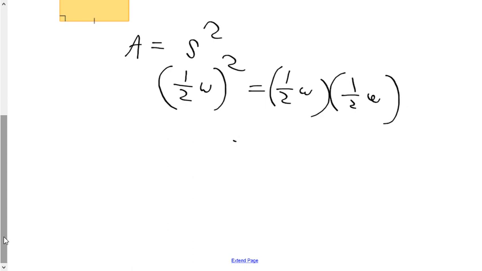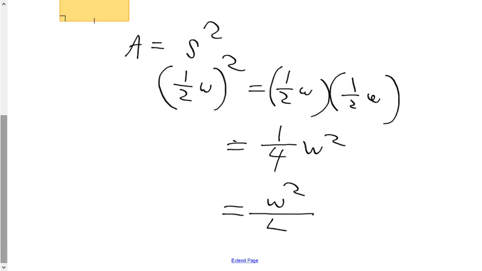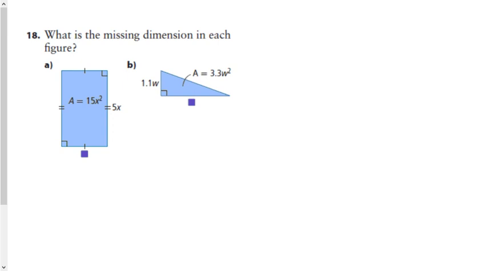Half of a half is a quarter. And what's w times w? W squared. So our answer is the area equals 1/4 w squared, or alternatively, a quarter of w squared could be written as w squared divided by 4. A quarter of w squared. Yeah, so half of a half. Yeah, I'll show you later.